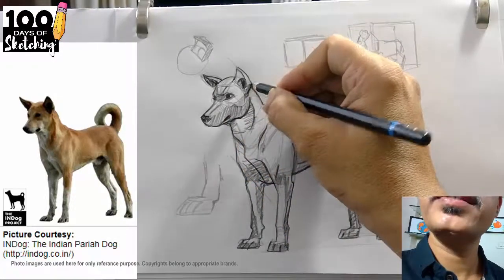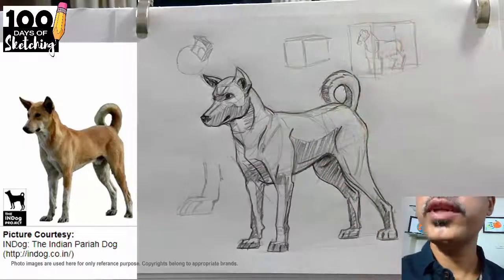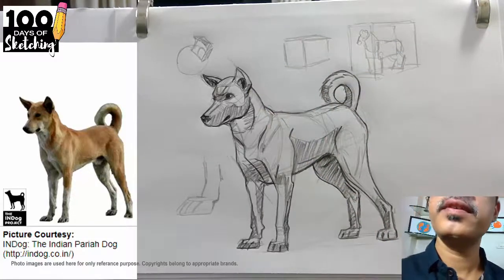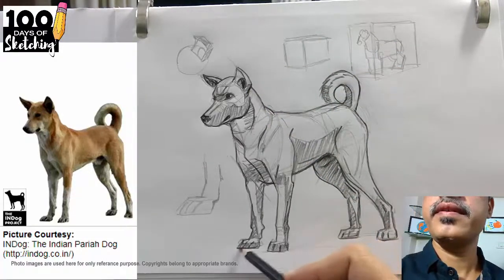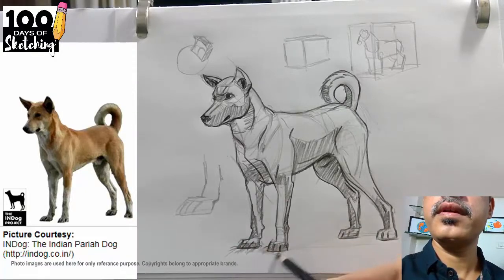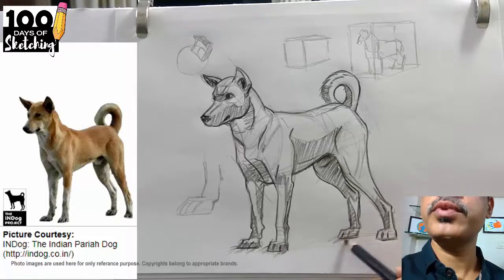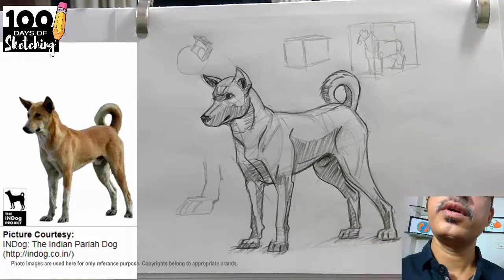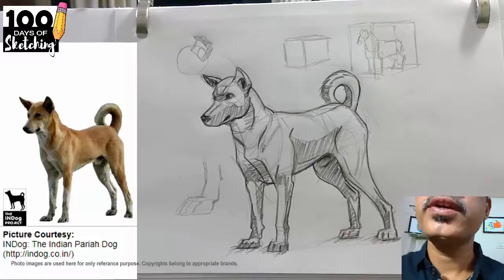Those lines also give aliveness to this. Some of the ground shadows you can also add, so you can follow reality.